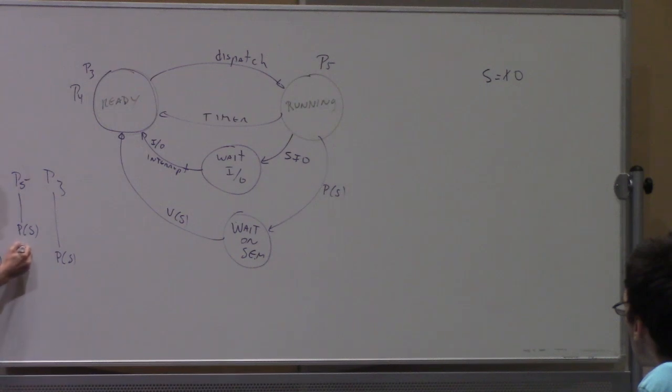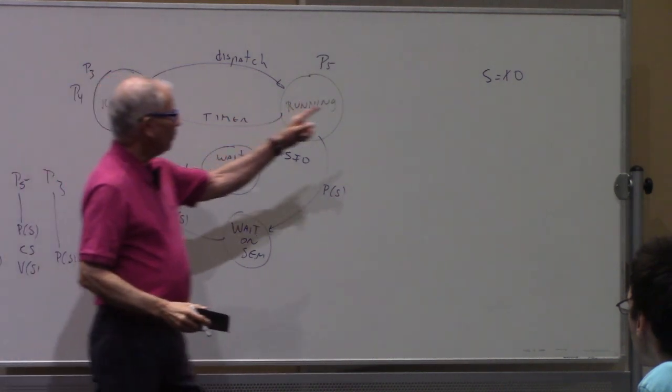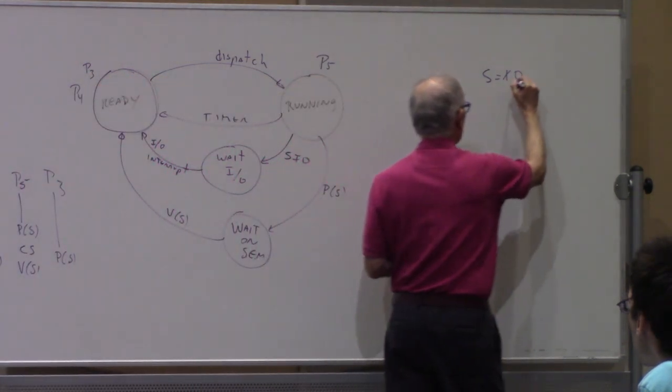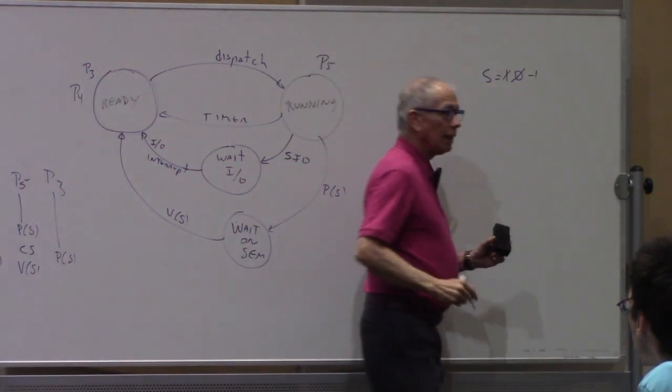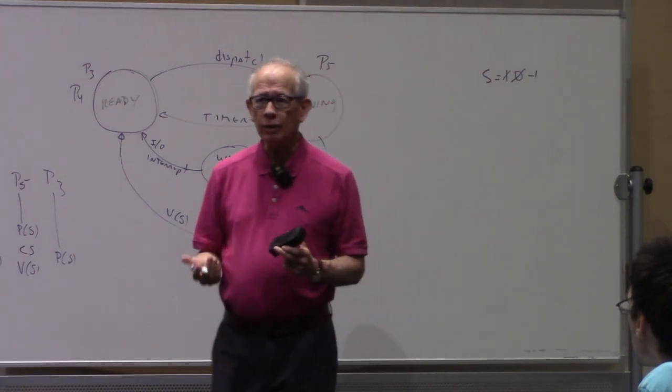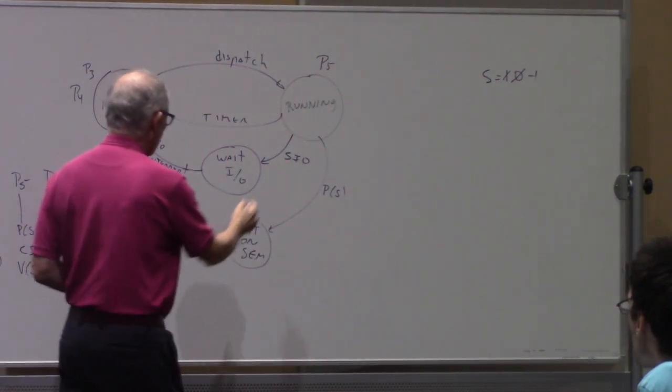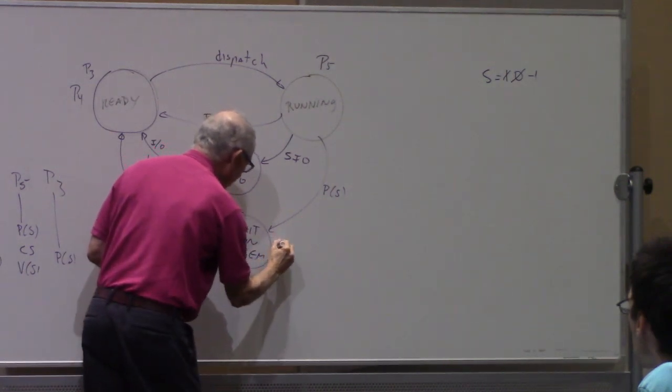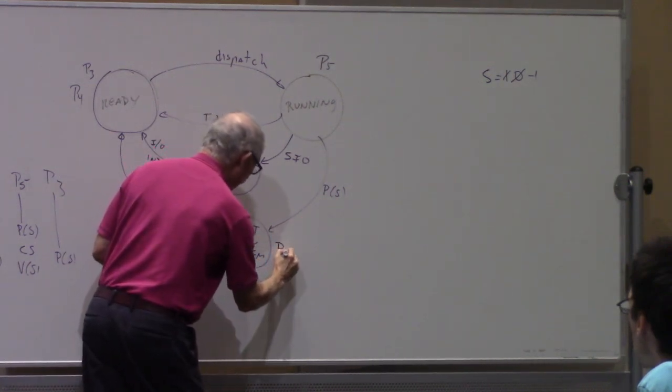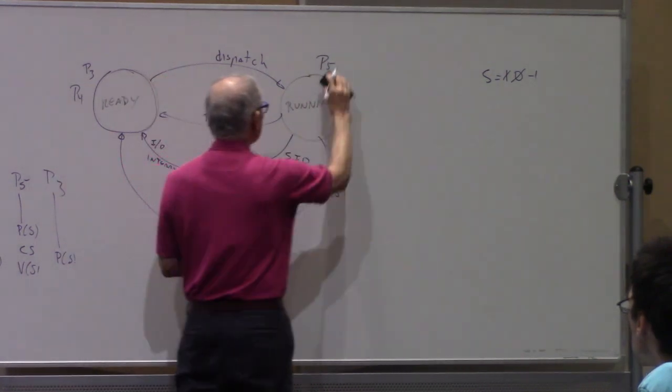And eventually, P5 wants to enter the critical section, and to do that, it has to apply the P operation. Lock. Decrement the value of the semaphore by 1. Is the value of the semaphore less than 0? Yes. So P5 gets here.